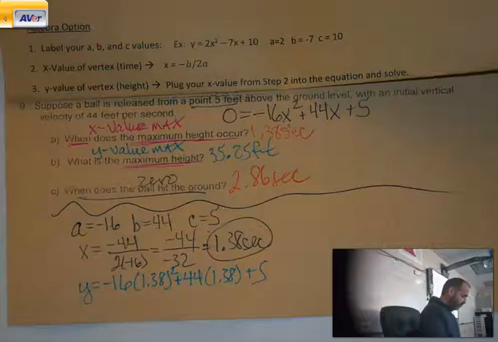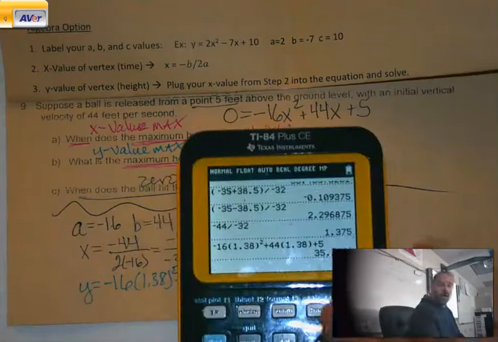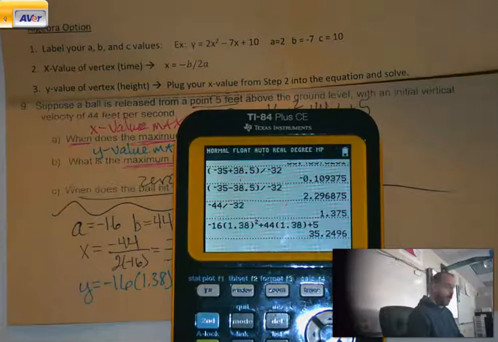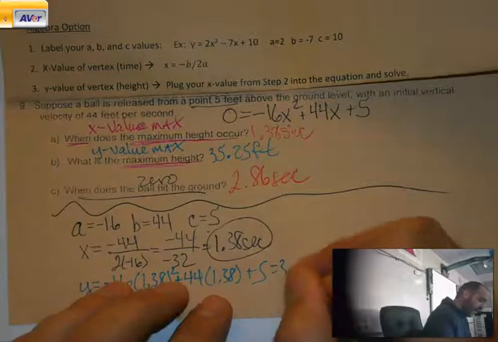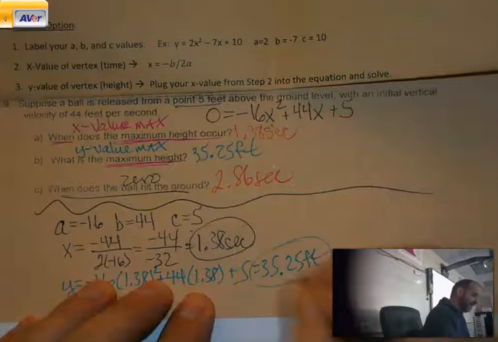And again, so I don't cover it up, I won't put my calculator over there until I have got the answer to show you so you can be completely amazed. Oh, 35.249 rounds up to 35.25 feet, just like it was there.